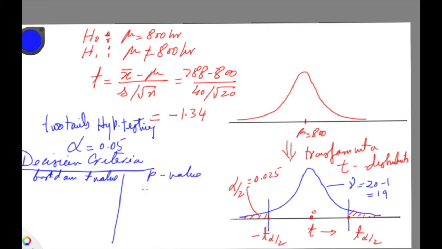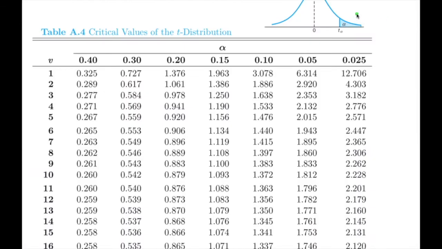So for p-value, we have to see p from the table of t distribution. So t calculated is minus 1.34. With respect to that, we have to find out the p-value from the table of t distribution. Let's see what is the t-value and what is the value of t alpha by 2 with respect to 0.025. In this t distribution, t alpha is corresponding to this particular point, where t alpha suffix is representing the area under the curve.